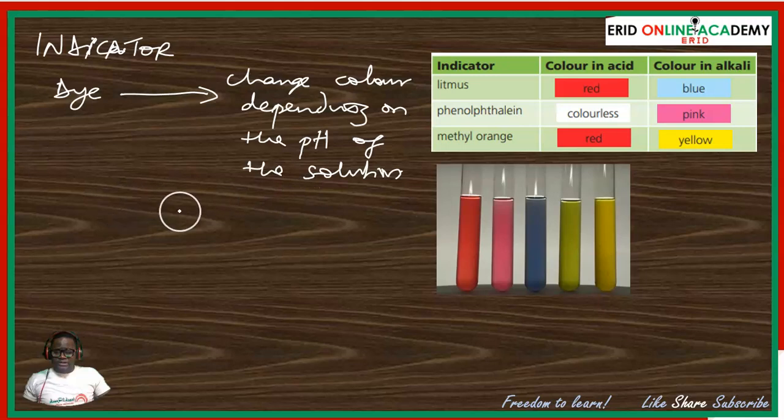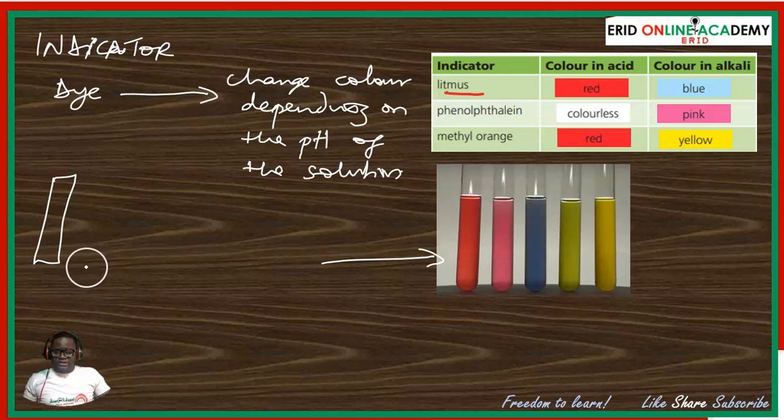We are going to be talking about litmus, phenolphthalein and methyl orange. Litmus is an indicator. It could come in the form of paper strips, or it could come in the form of solutions like this. Litmus has the ability to change its color depending on whether the substance is acidic or basic.